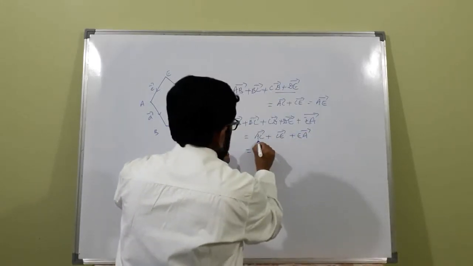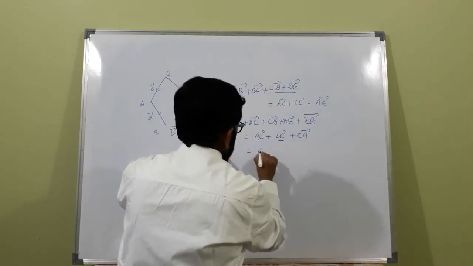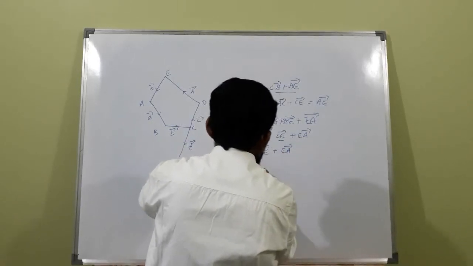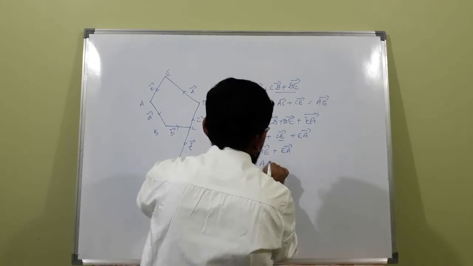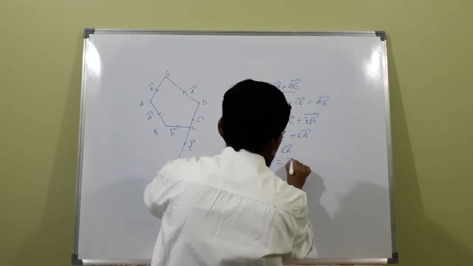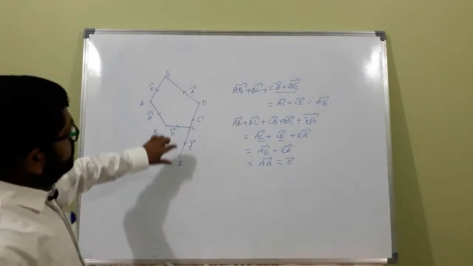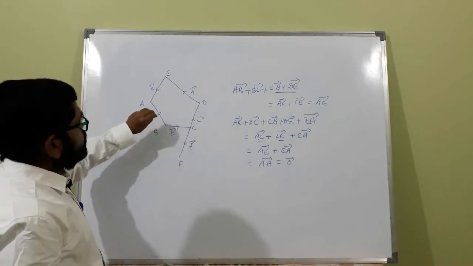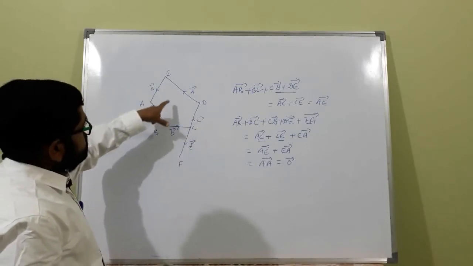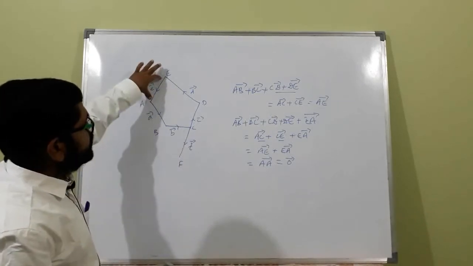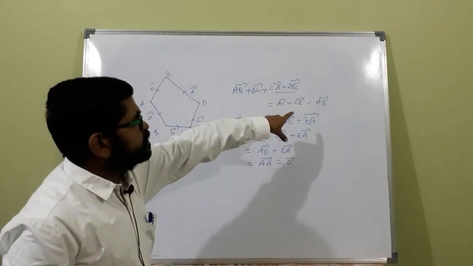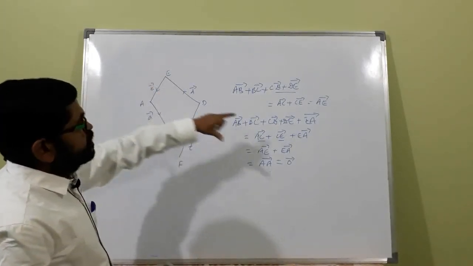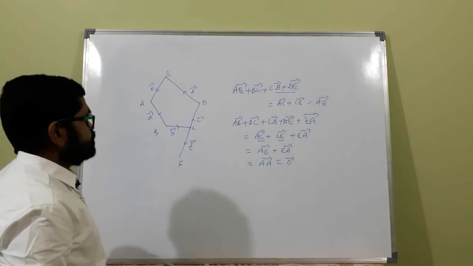So this is nothing but AC plus CE, that is AE, plus EA, that means A to A, it is 0. Remember, if the polygon is closed, then the sum of the vectors as its sides is always 0. If it is open, then the resultant will be different. If you take only 4 sides, this is not closed, then that will be AE.